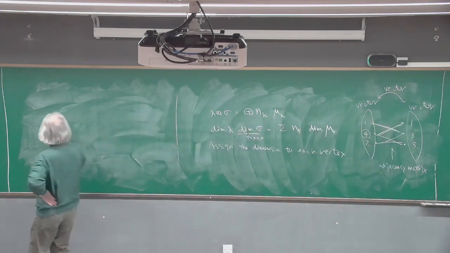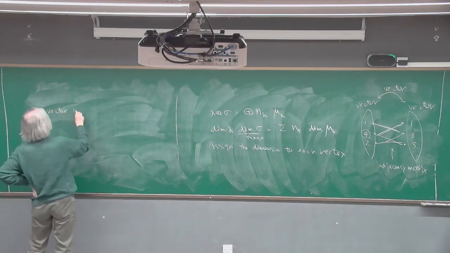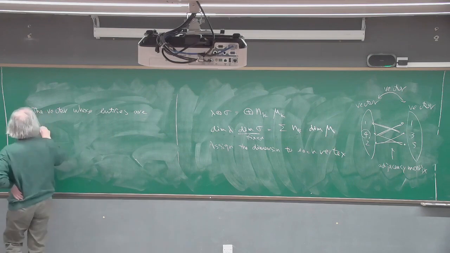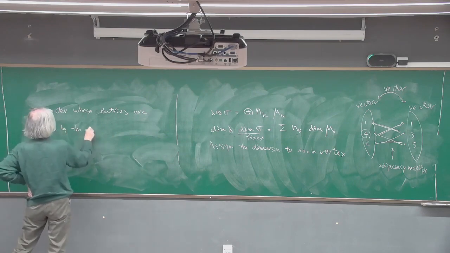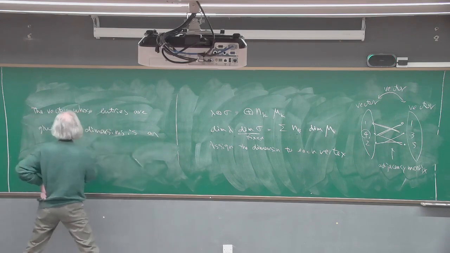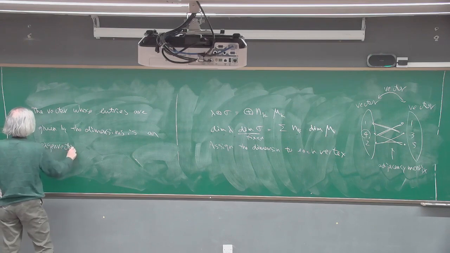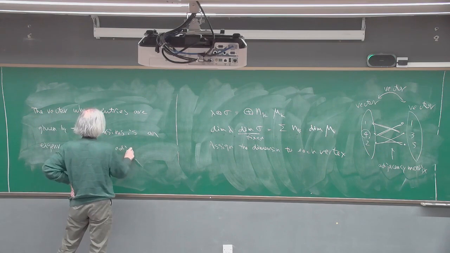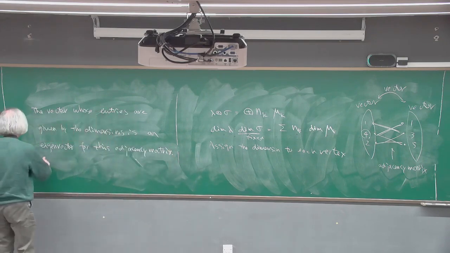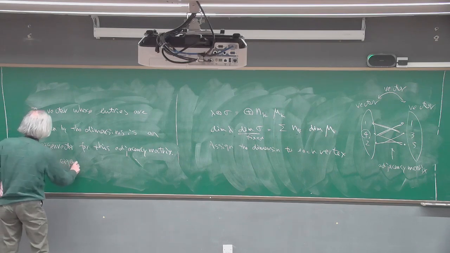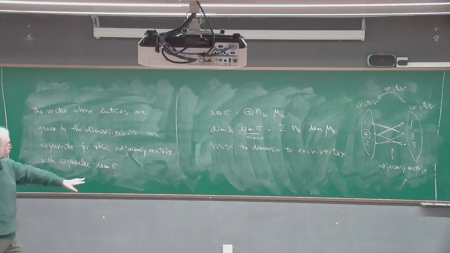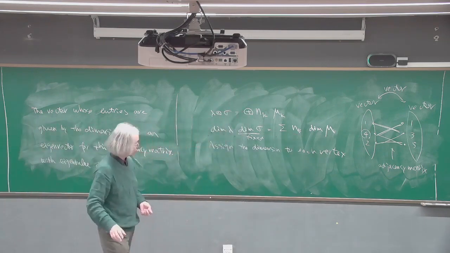The vector given by entries given by the dimensions is an eigenvector for its adjacency matrix with eigenvalue dimension sigma. Because this is really the eigenvector identity.